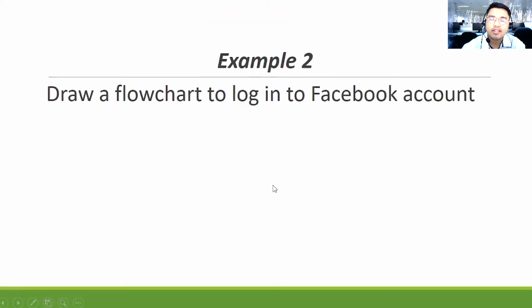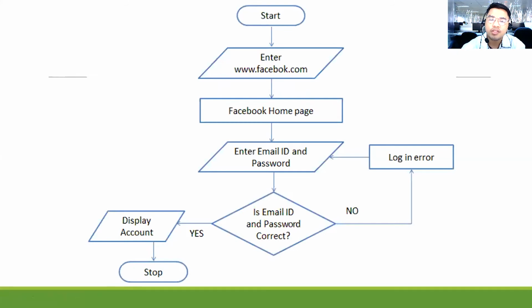Okay, then let's have another example. Draw a flowchart to log into a Facebook account. This is the flowchart for logging in to a Facebook account. First, we'll start with a terminator.